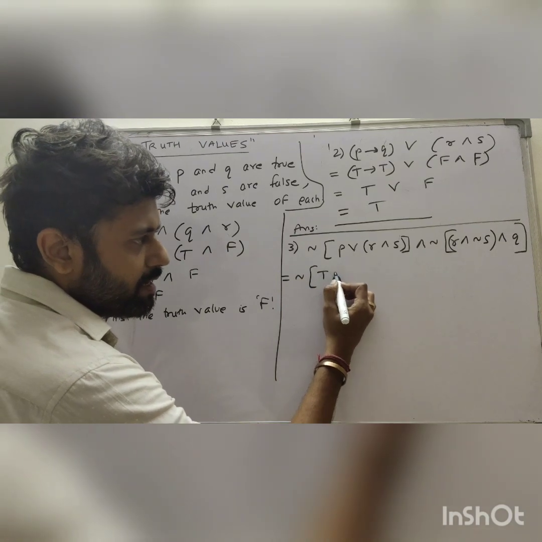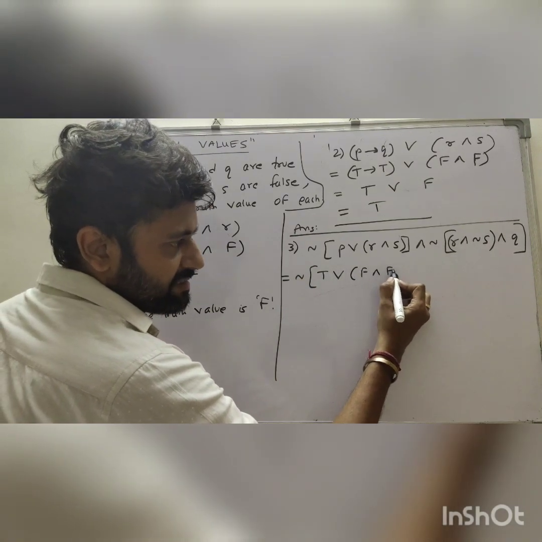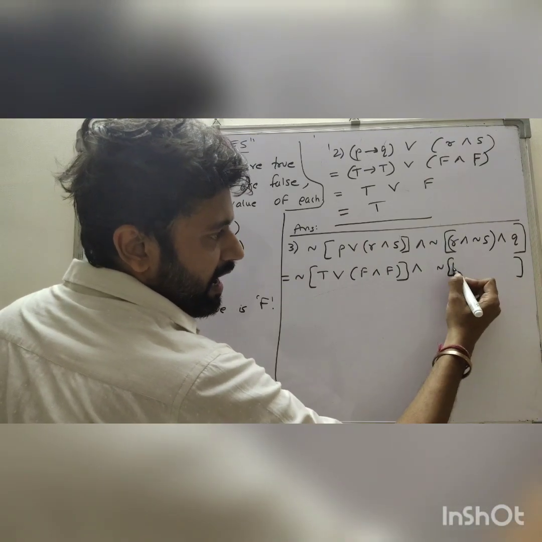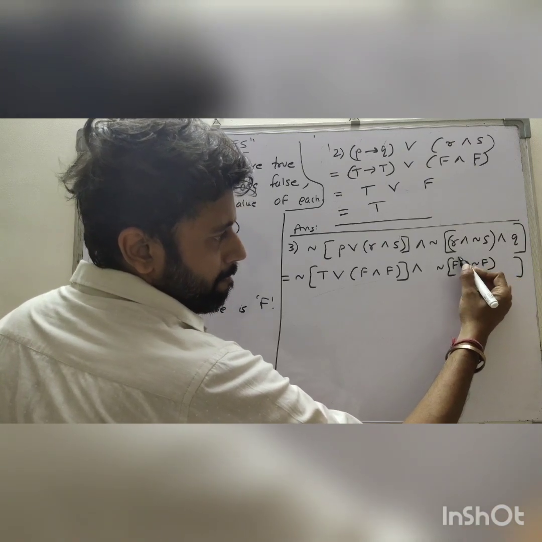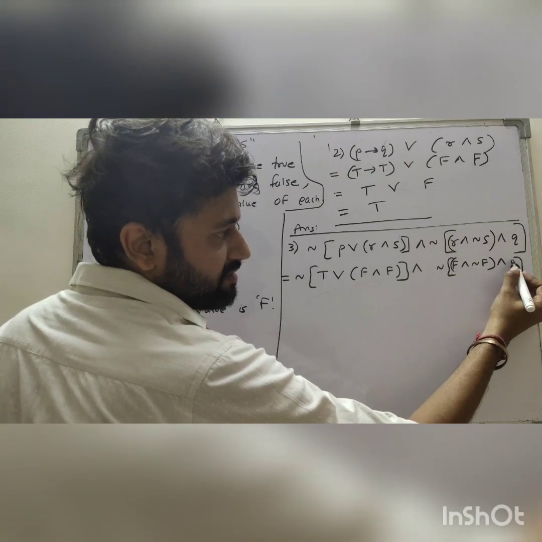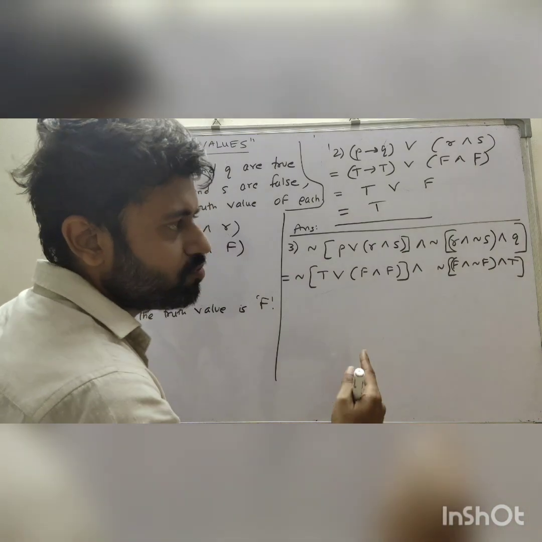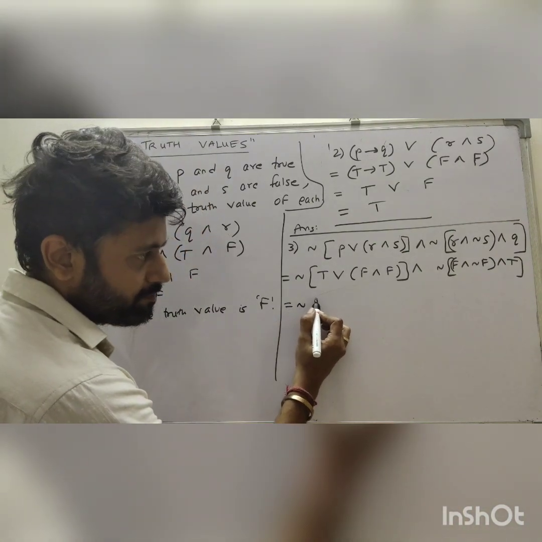Negation. P or R and S. And negation of R and negation S and Q, that is true. I have just written the values of P, Q, R, S, that is true, false, whatever. Negation bar is there.